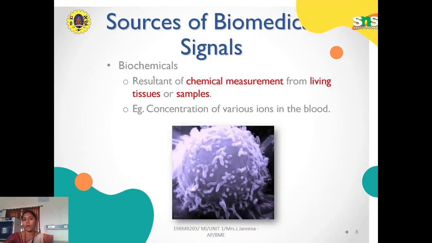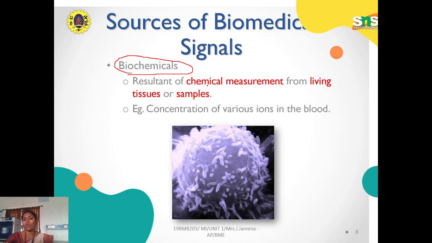Next one is biochemical signals. This is very important when we want to measure glucose, creatinine, or do a urine test. There we are looking especially into these biochemical signals, which usually result from chemical changes in the tissue, in the samples, or in biological liquids.